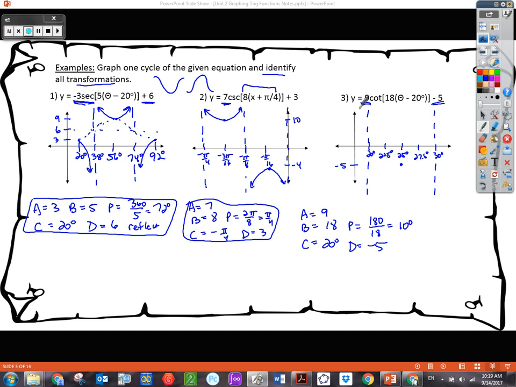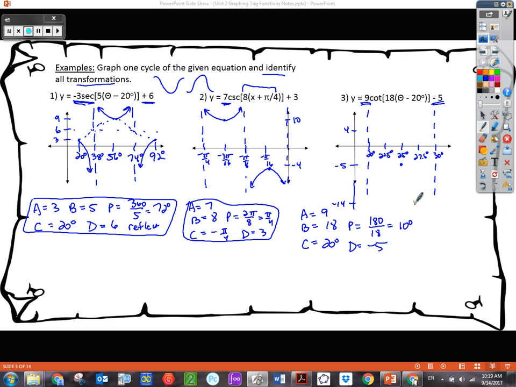Then we'll call it, it's not really amplitude, but the A value is 9, so I need to go above and below 9, so I need to say -5 plus 9, which would be 4, and -5 minus 9, which would be, what, -14? Okay, and that's where the other two cotangent points go.